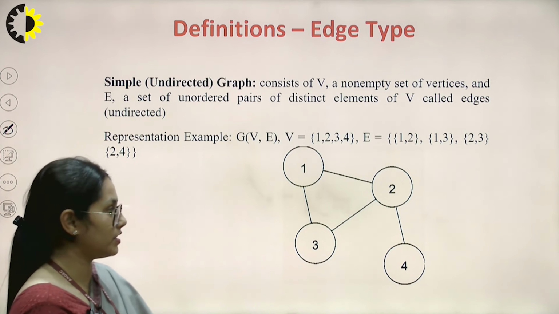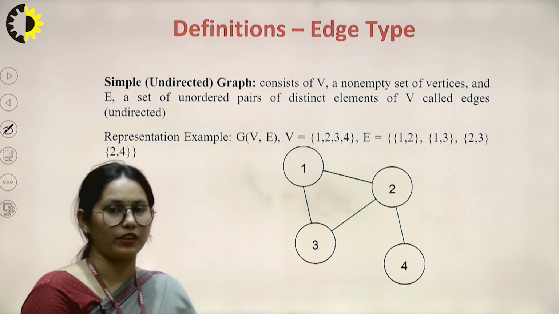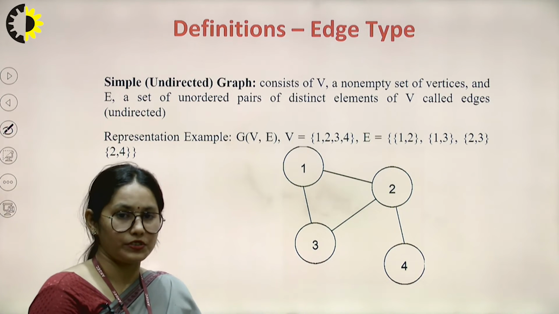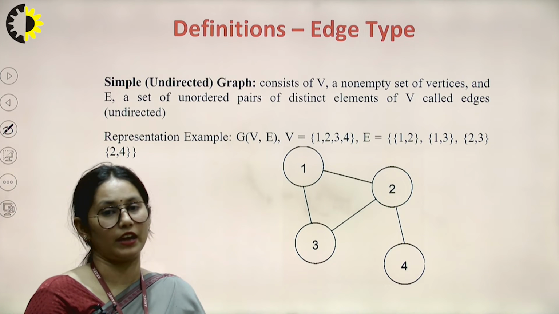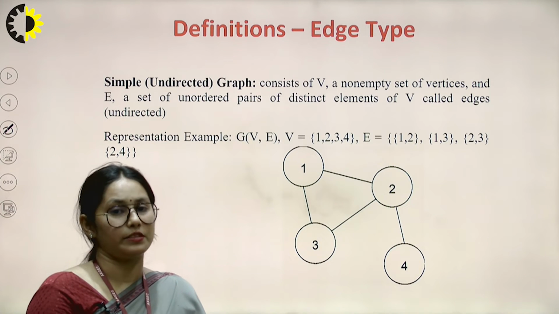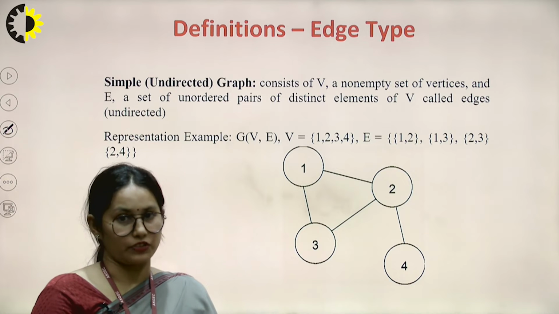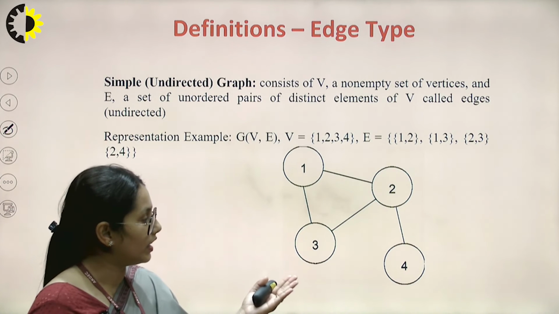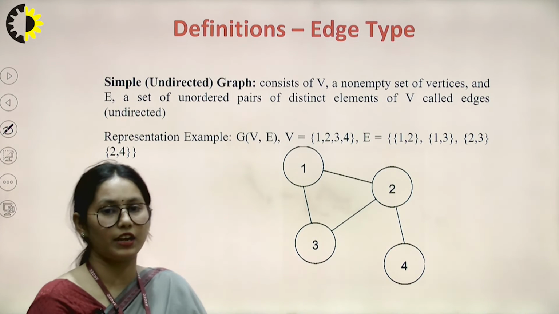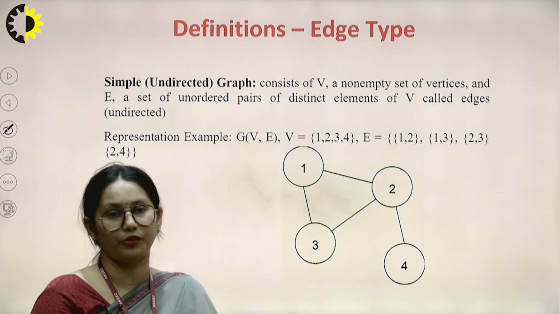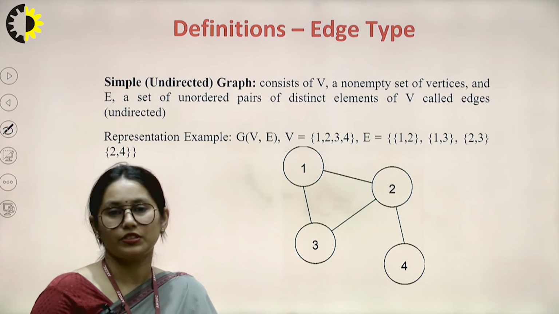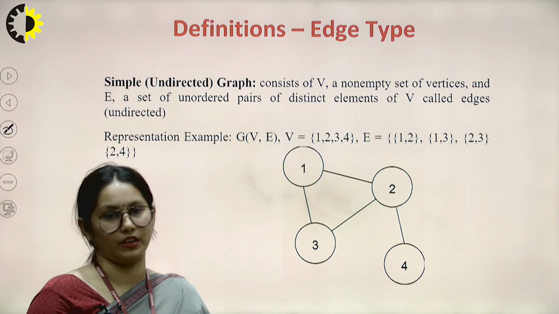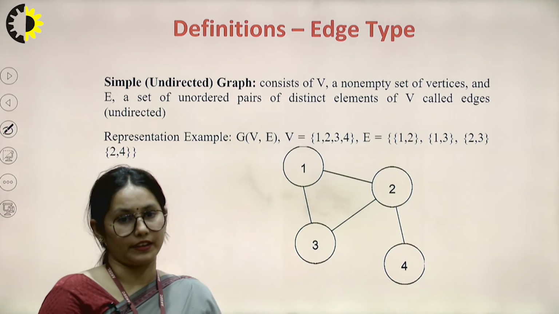In this example, you have 4 vertices, 1, 2, 3 and 4, and all these vertices are connected with various edges, and there are no loops or directions in this graph. This is the simple undirected graph.